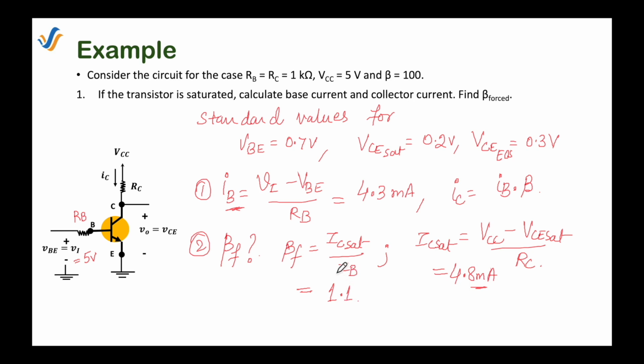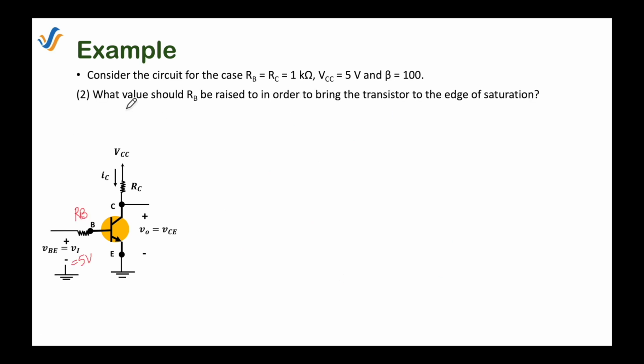Now the second part of the problem is, what value should the base resistor be raised to in order to bring the transistor to the edge of saturation? We have not yet talked about the edge of saturation. So for the edge of saturation, collector current is simply given by VCC minus VCE/EOS upon RC.